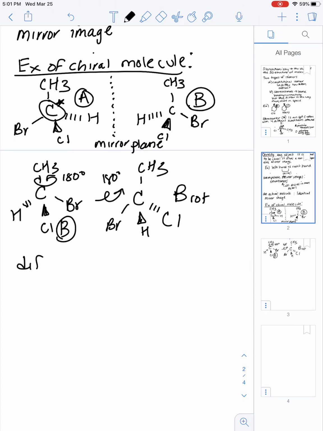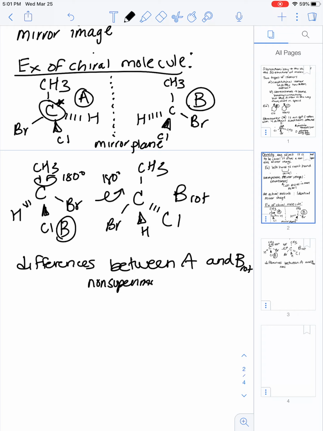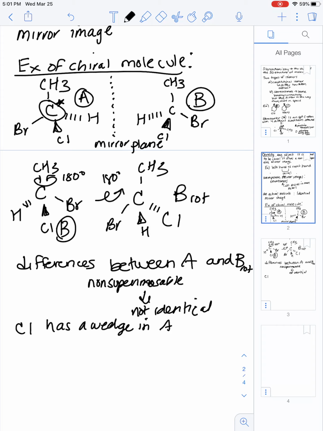Let's look at some differences between A and B rotated. These are going to be considered non-superimposable, because they are not identical. If we look at it closely, Cl has a wedge in A, and Cl has a dash in B rotated.